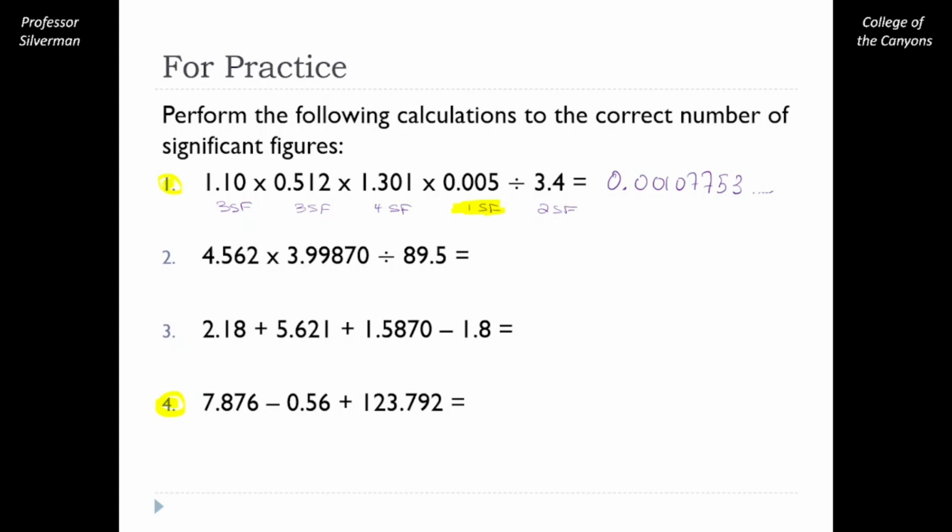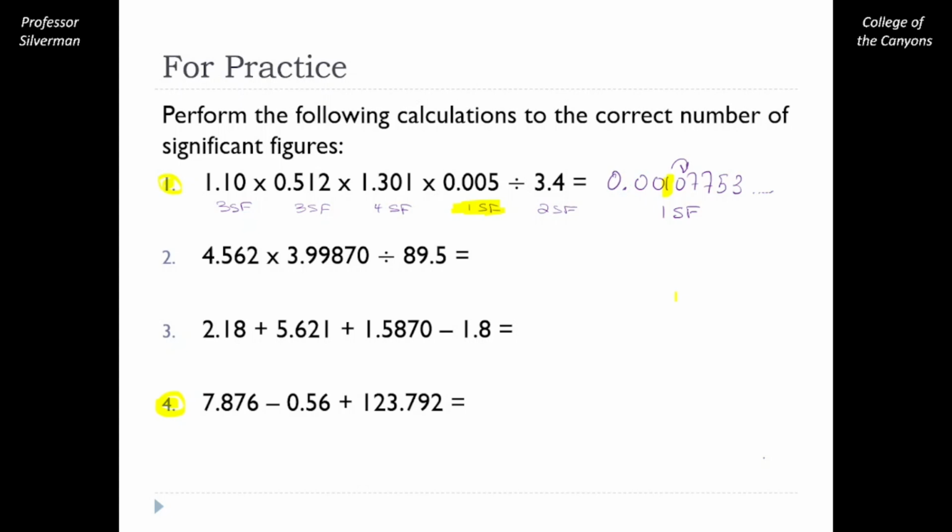The calculator here is very smart. It tells us 0.0010775 and so on. We only get to keep one significant figure. So we look at our first digit coming from the left. We need to check one digit over.